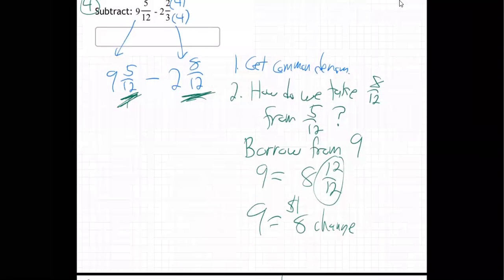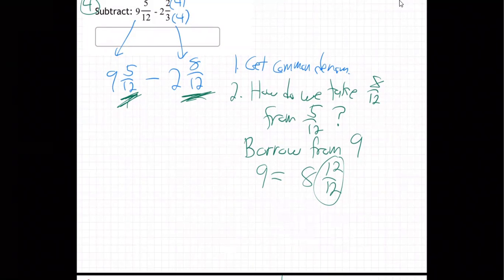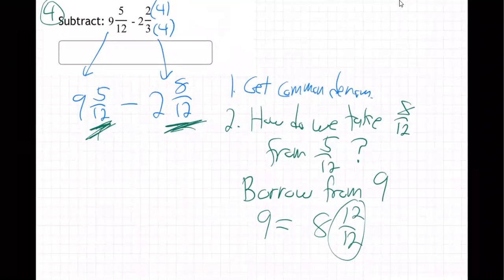Turning one of my dollar bills into coins. I still have the same amount of money. I still got my $9. I just have $8 as bills and $1 more in change. That's like what the 12/12 is like. It's $1 in change. It's still $9.